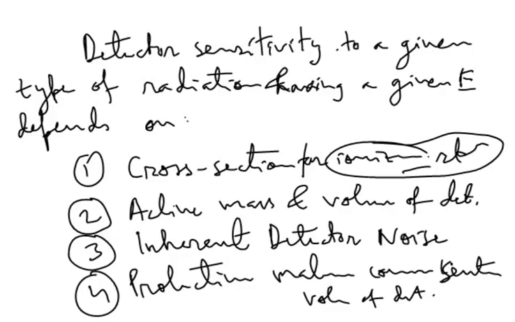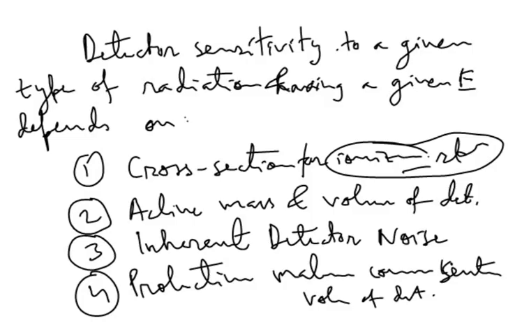But again, if we have a very thick entrance window, there will be large absorption in it, and because of this absorption only radiation with sufficient energy to penetrate this layer can be detected. So the thickness of the entrance window material sets a lower limit on the energy which can be detected.